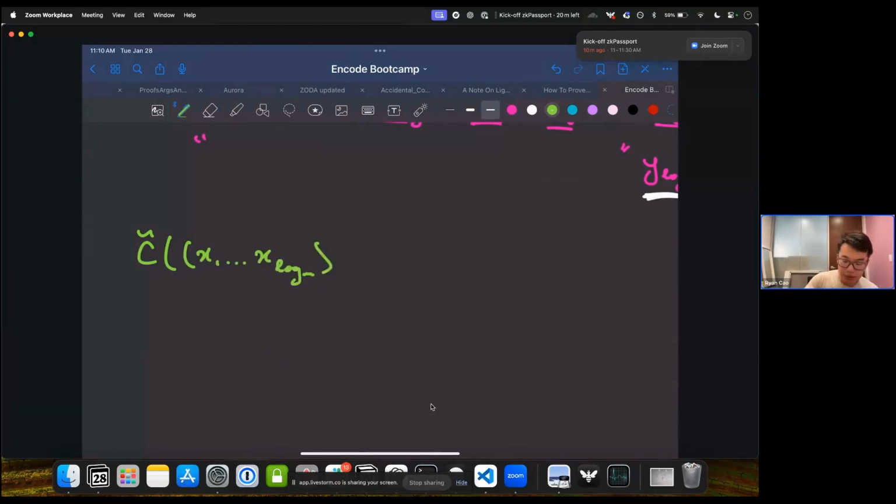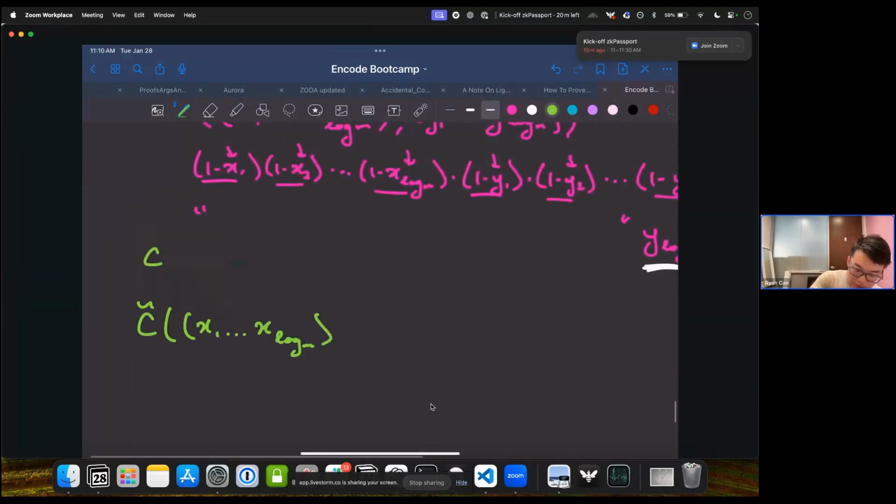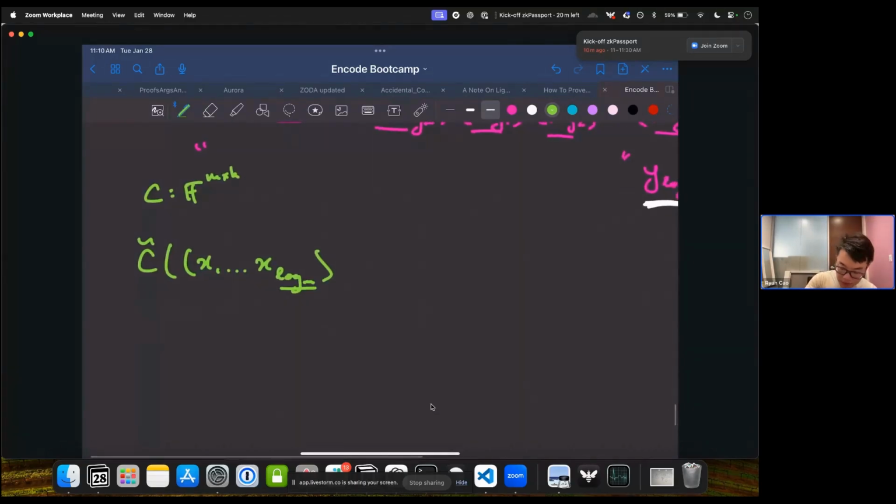And the reason for this is that, as a reminder, C is a matrix in F m by k. So to index C, we first need log m variables, and then we need z1 through z log k.